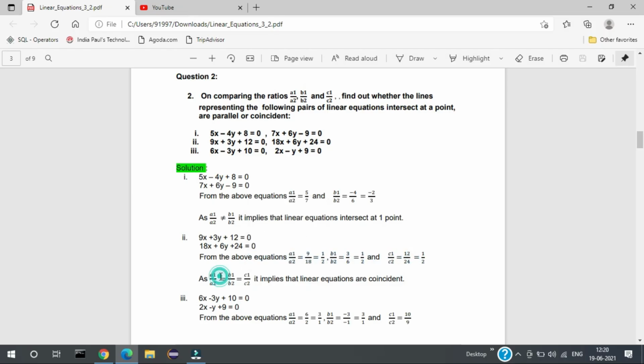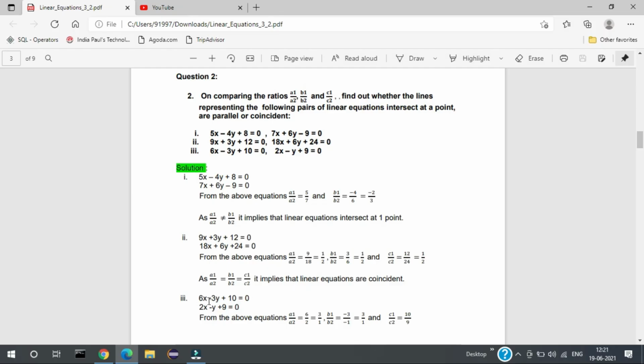So, as a1 by a2 equals b1 by b2 equals c1 by c2, it implies that the linear equations are coincident. That is, coincident, overlapping on each other. So, coincident lines. We may get an infinite number of solutions.